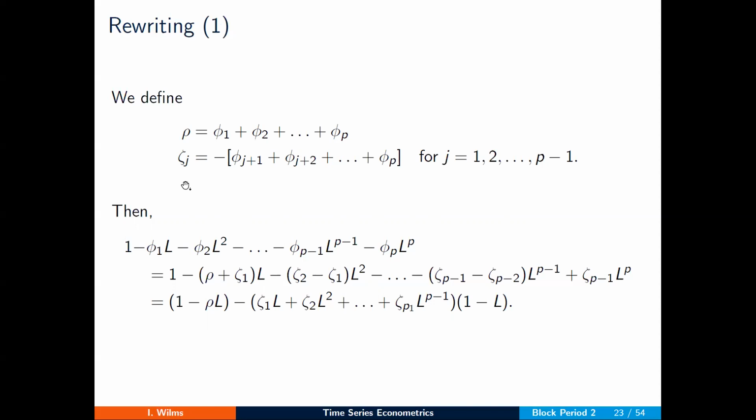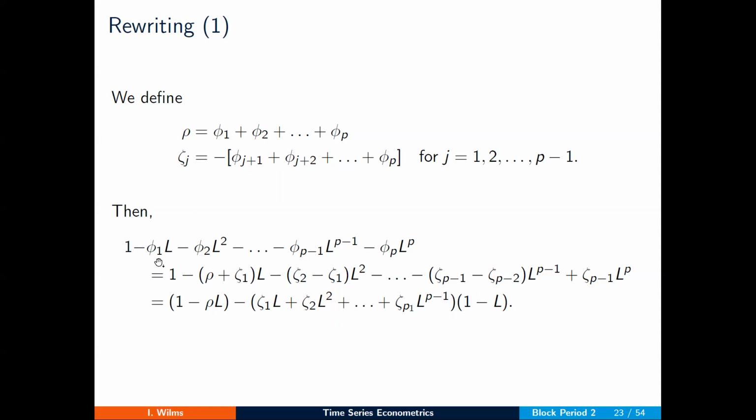Remember, the lag polynomial pi(L) is given here by this expression. Now we will use the zetas here to rewrite the AR parameters. In essence, zeta j subtracts all AR parameters from lag j plus 1 onwards.